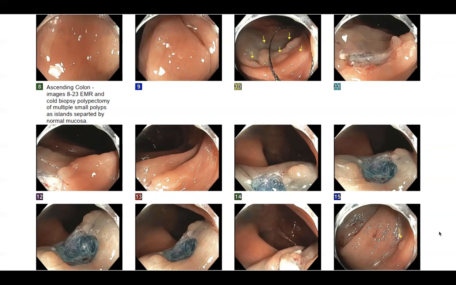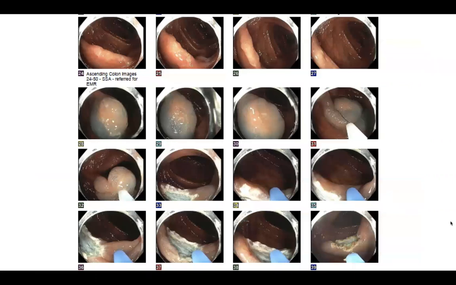For the sake of Zubair, who's attending, I wanted to get into the habit of documenting in such a way that whoever reads your report can make it out. You can say multiple cold biopsy polypectomy, multiple small islands separated, and then these are the images for people to look at. So it tells the story and saves you the time.